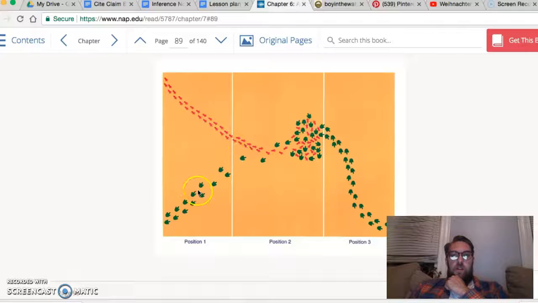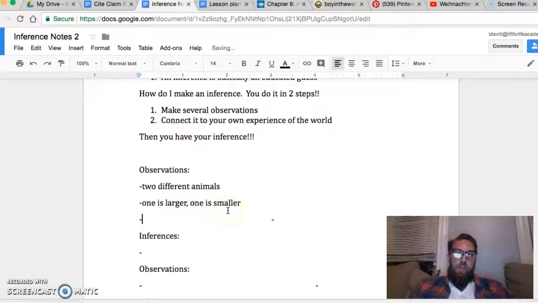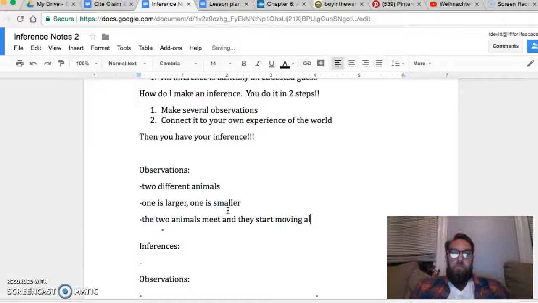It looked like they were going in the same direction, and when they met, it looks like something started happening. One of them jumped over the other one, and then it's a whole lot of big, crazy, random motion. So my observation, I'll say that the two animals meet, and they start moving all over.